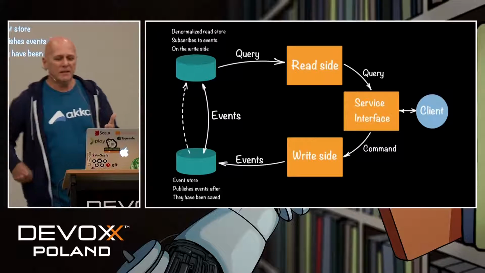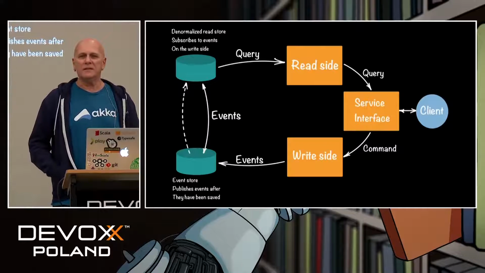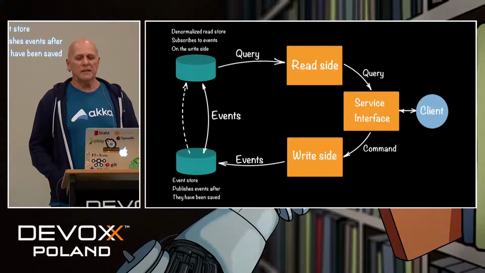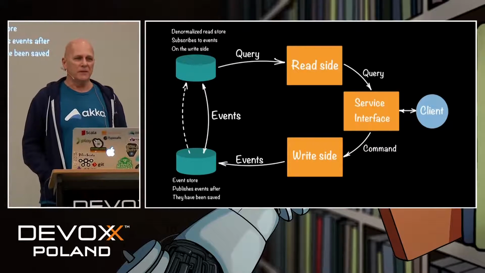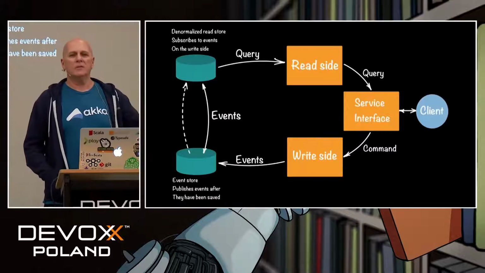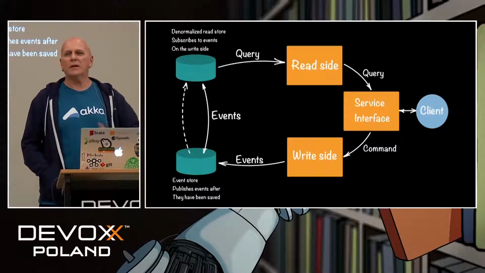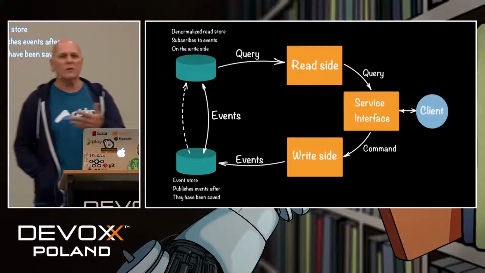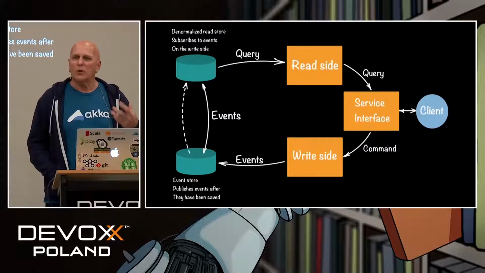On the left, you've got a client that's sending in either commands or requests for queries. A command is an intent to do something. I want to deposit something into my bank account. I want to add this item to my order. I want to remove this item from my order. Things like that. But it's a request.